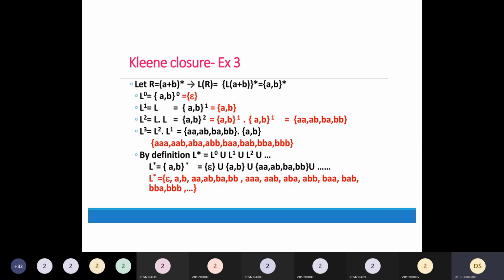Here instead of L power 0 you will be getting epsilon. Instead of L power 1 you will be getting a, b. L power 2, you will be getting aa, ab, ba, bb, etc. So finally you will be getting the result, that is L star. This is the language for the given regular expression R equal to (a+b) whole star.